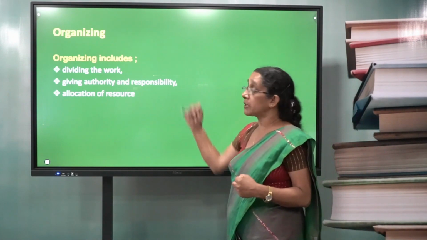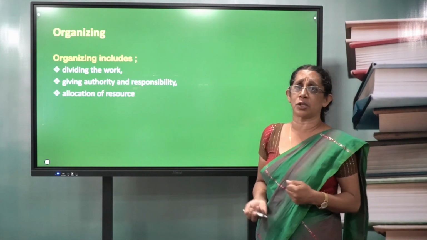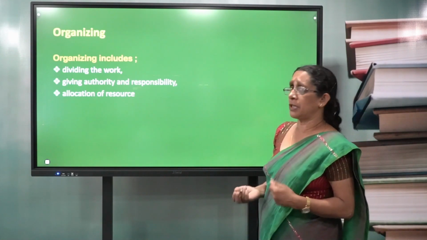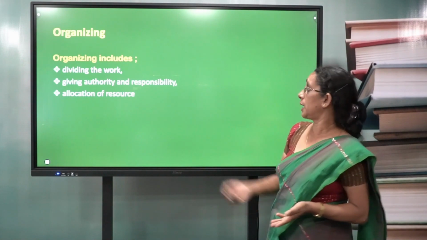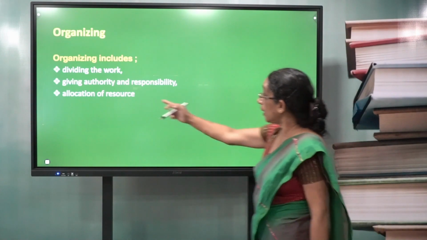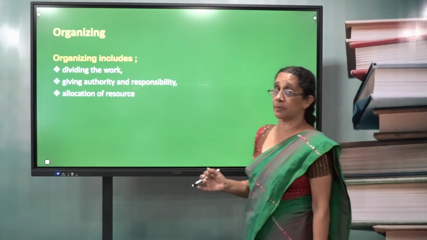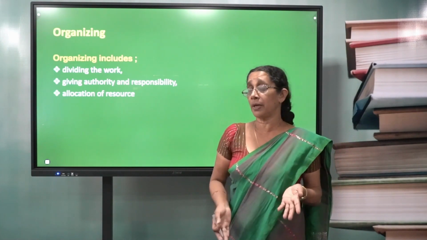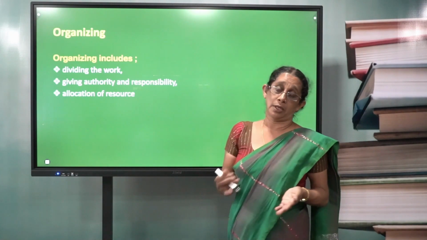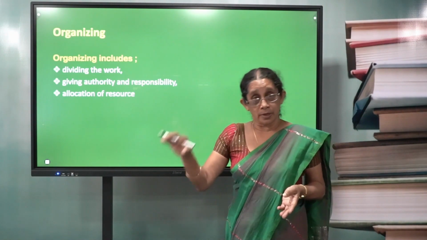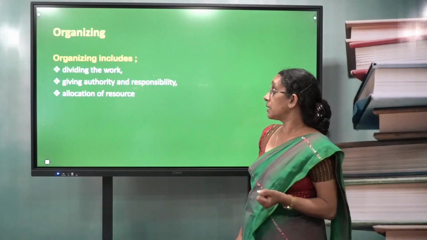And responsibility. What is responsibility? It is a particular obligation that the employees, that they feel that they have to do this work. That is responsibility. Then next one is allocation of resources. What is allocation of resources? Because you have divided the work among employees and you have given them authority and you have given them a particular responsibility.